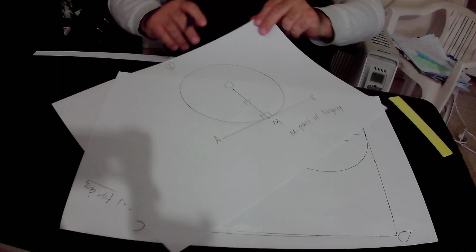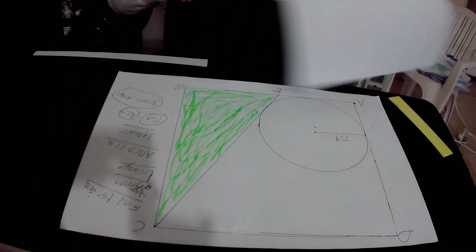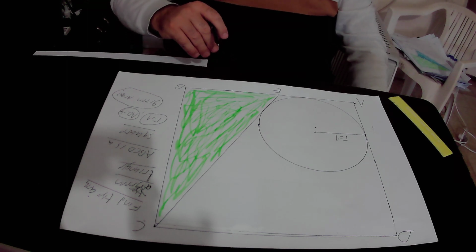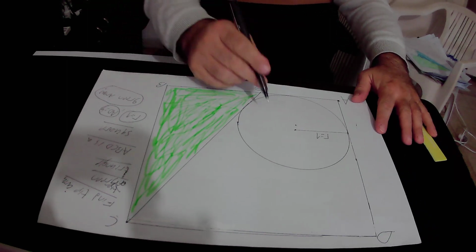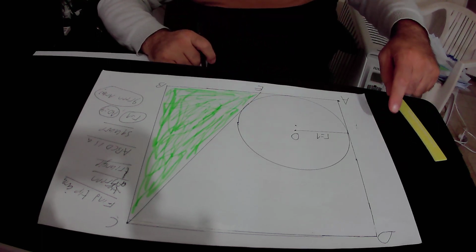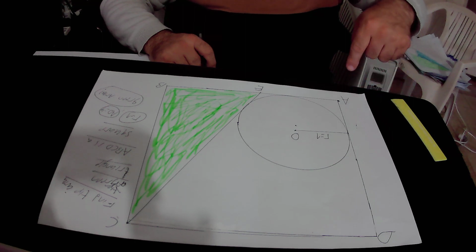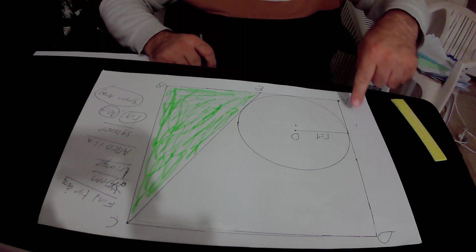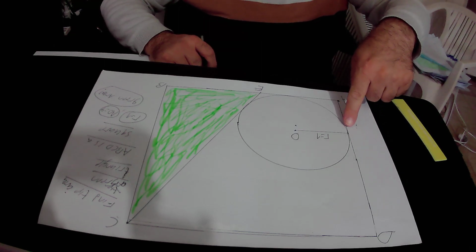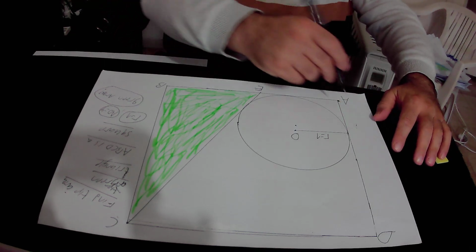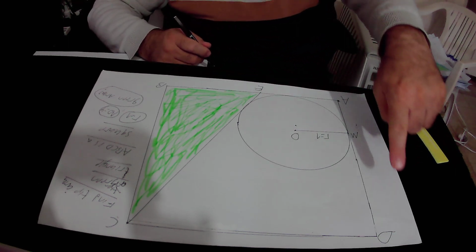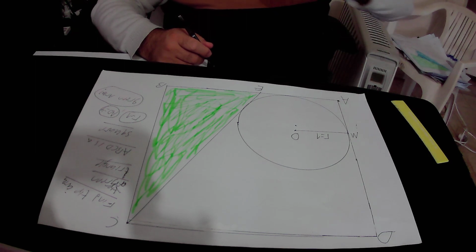Actually, we can implement rule number 1 in our drawing. In our drawing, we will define the center of this circle as point O. We will define the touching point between tangent AD and this circle, this point, as point M. Point M is the point of tangency of tangent AD with this circle.